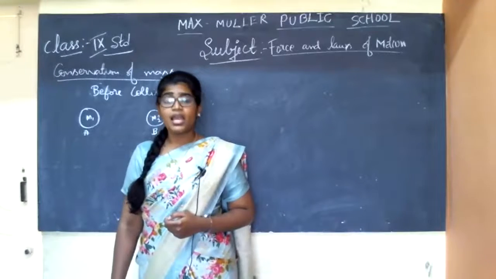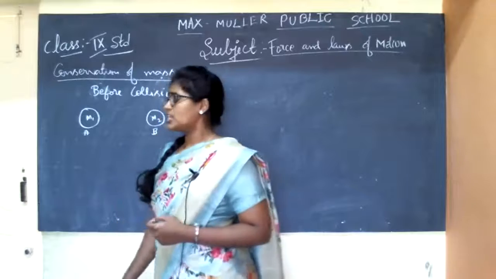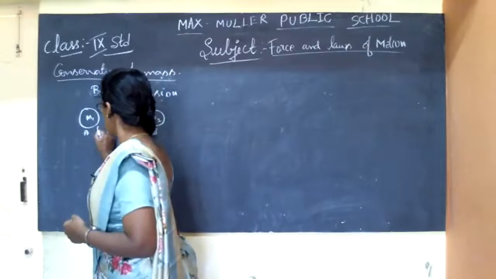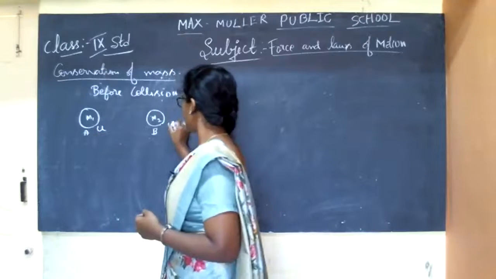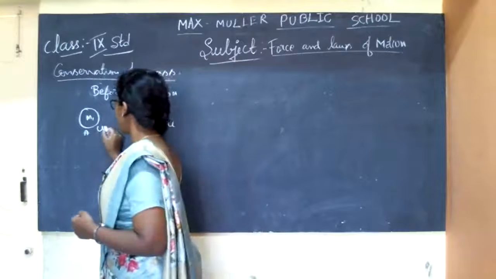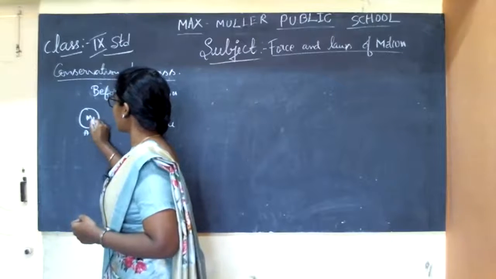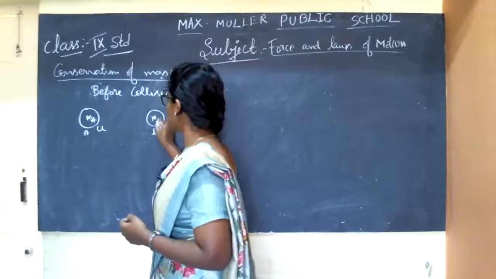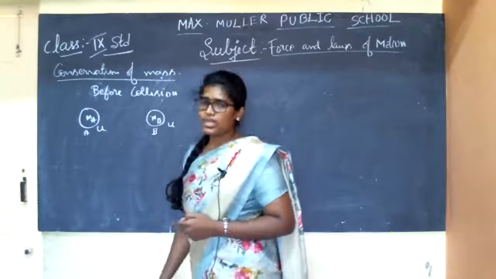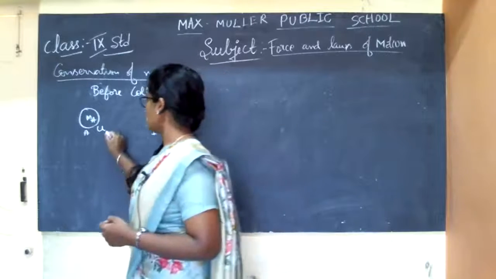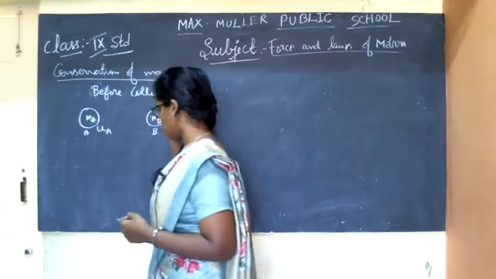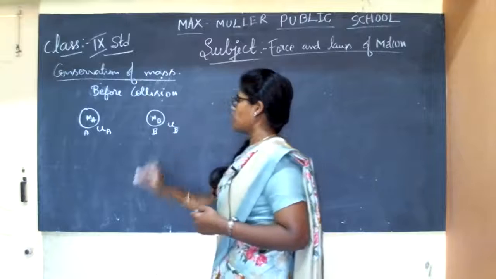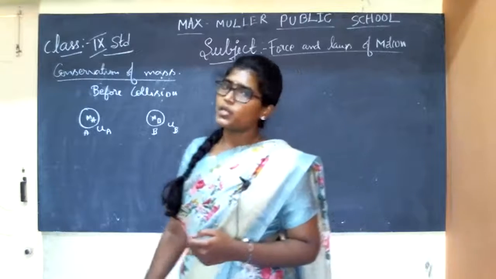It will be the initial velocity, represented by the letter U. Let me take the mass of the first object as MA, and the mass of the second object as MB. The initial velocity of A will be UA, and the initial velocity of object B will be UB.